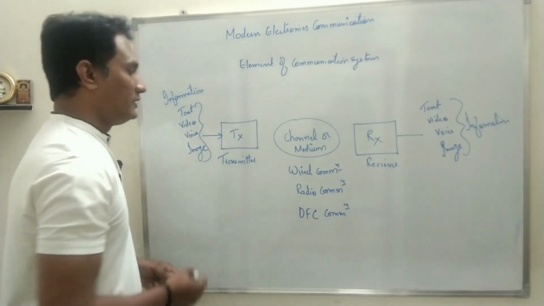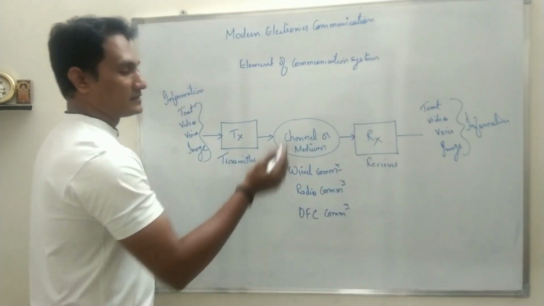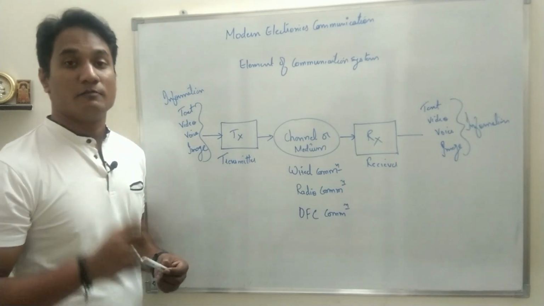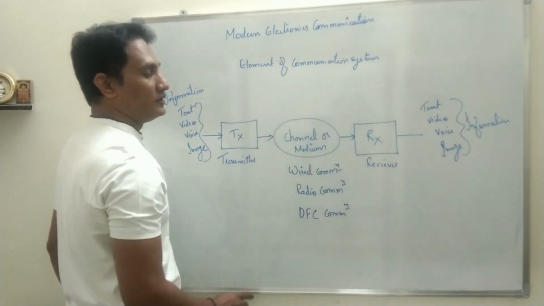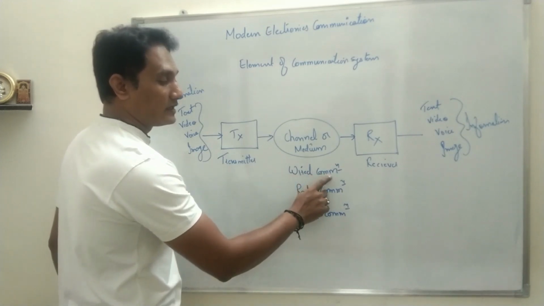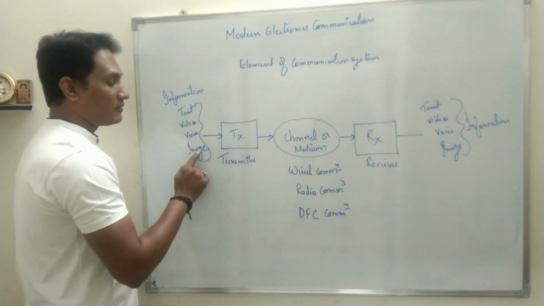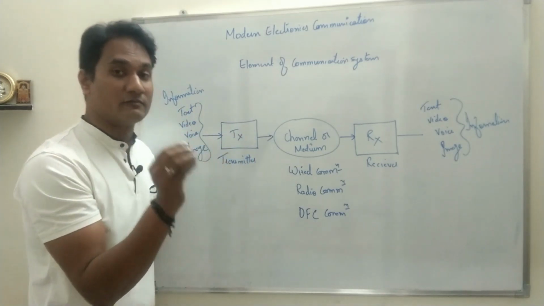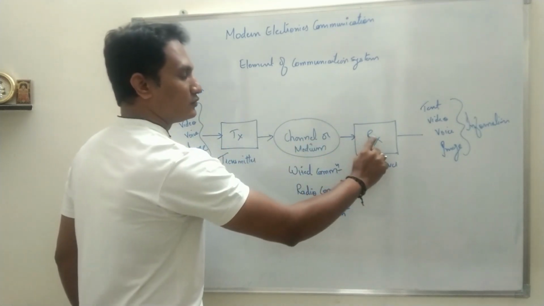Okay, so information will go to the channel. As I said, the channel will be important. Why is the channel or medium more important? Because first we have to decide, in the design of an element of communication, what type of channel or medium we are using. Suppose we are using wired communication: all this information has to be converted into electrical impulses, that means electrical signals, and then transmitted through wired communication to the receiver.